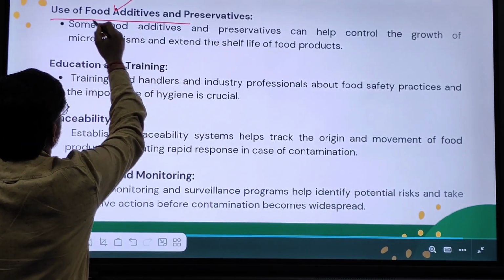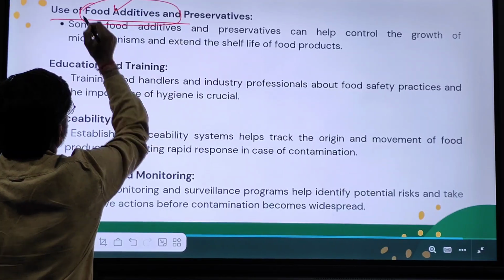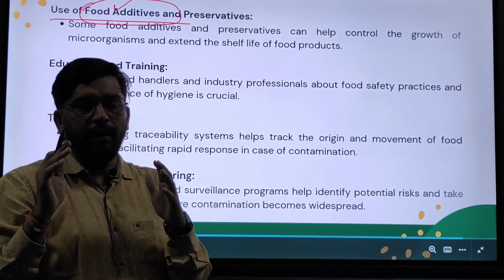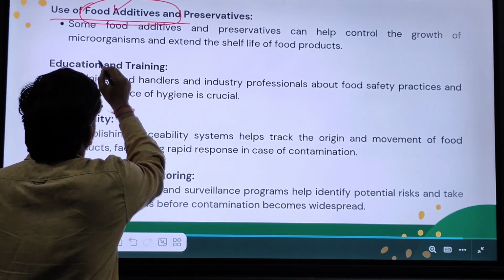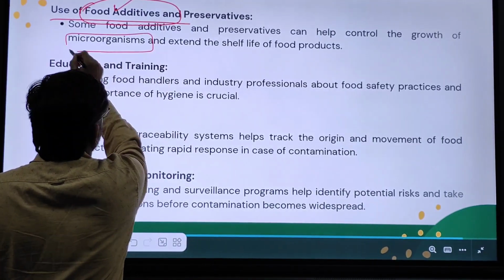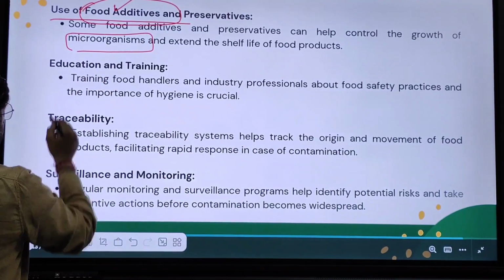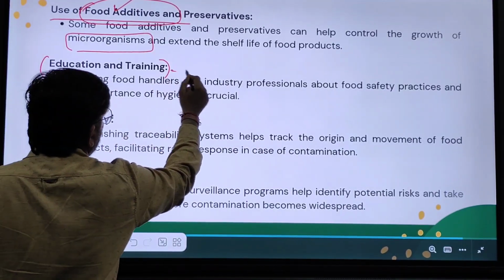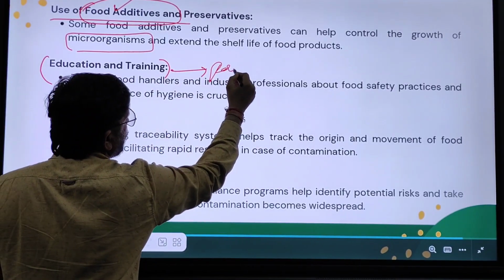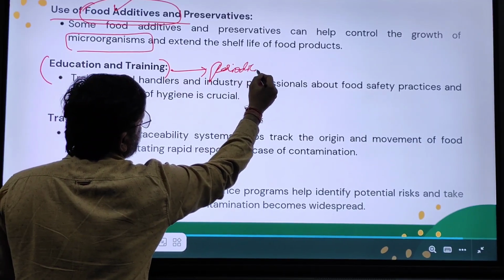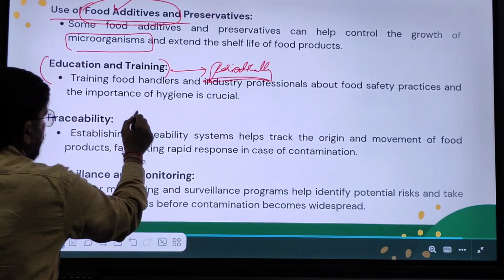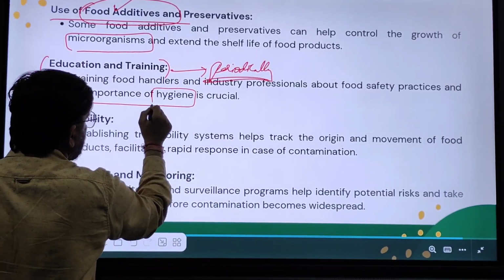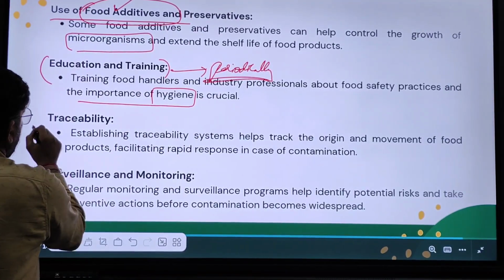Such additives, which have a high consumer acceptance rate, play a very important role to control the growth of pathogenic microorganisms, and providing training periodically to the staff plays an important role in order to maintain the hygienic condition.